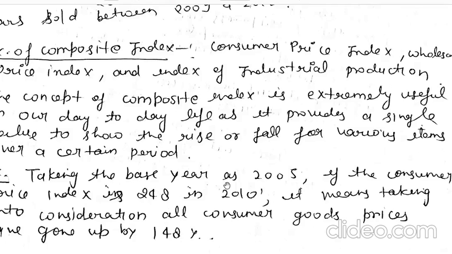Taking the base year as 2005, if the consumer price index is 248 in 2010, it means that, taking into consideration all consumer goods, prices have gone up by 148%.